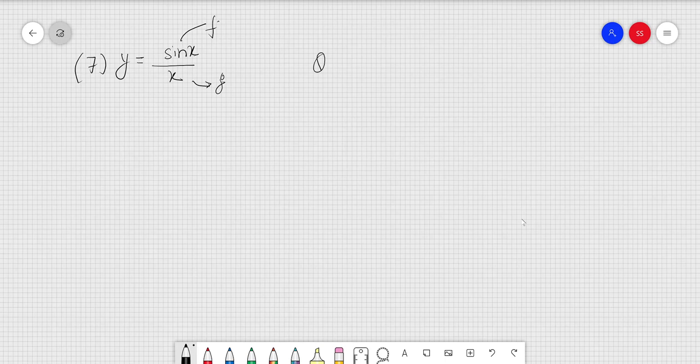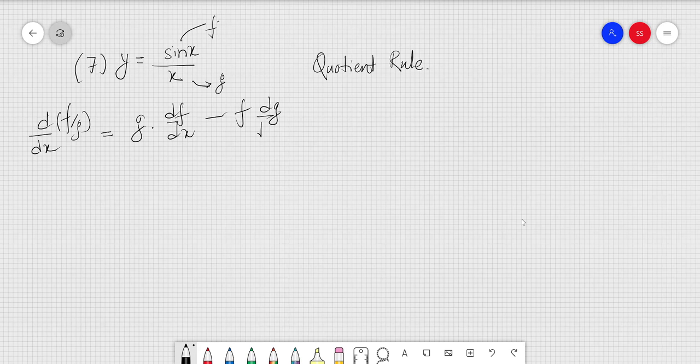Then according to the quotient rule, if we have to find the derivative of functions which are divided with respect to x, then it will be g times df by dx minus f times dg by dx, whole divided by g squared.